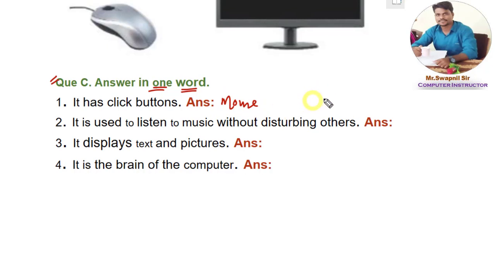Now it is used to listen to music without disturbing others. Student, we have seen two devices used to listen to music, that is speaker and headphone. But we know headphone is used to listen to music without disturbing others. Headphone.